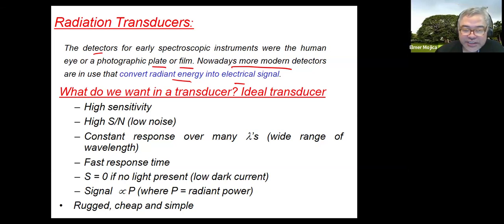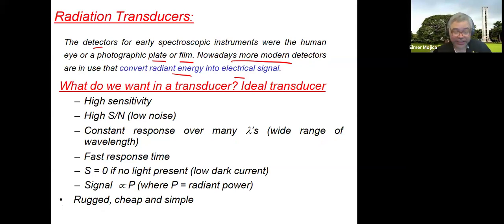That is the role of your transducer. A transducer is a device or mechanism that converts one form of energy into another, in this case, radiant energy into an electrical signal. It has almost totally replaced the detection devices that we have known before: the photographic plate, film, or the human eye.